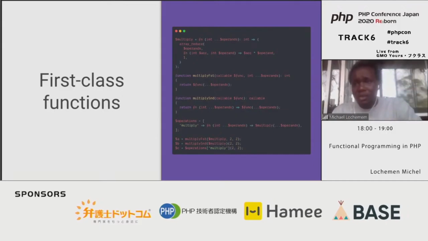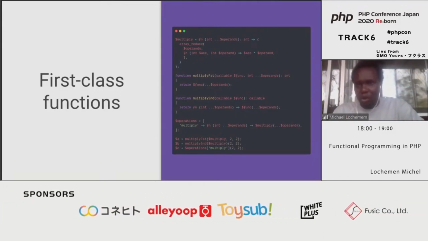So when I talk about first-class functions, I talk about the malleability of functions in code, right? So you have a simple function that multiplies operands, 2 and 2, 2 and 3, and a litany of combinations, right? And you can pass that as an argument to a function, creating a higher order function, right? Or you could return a function, also effectively creating a higher order function, right?